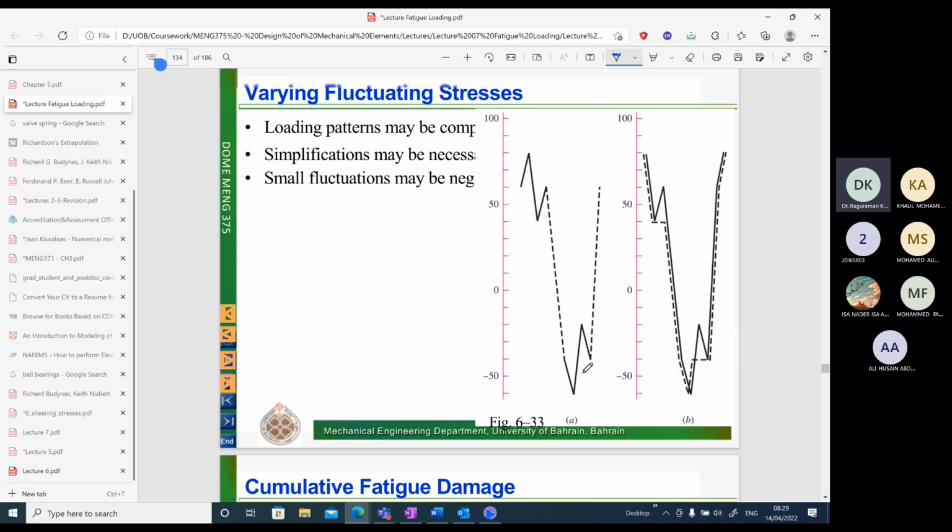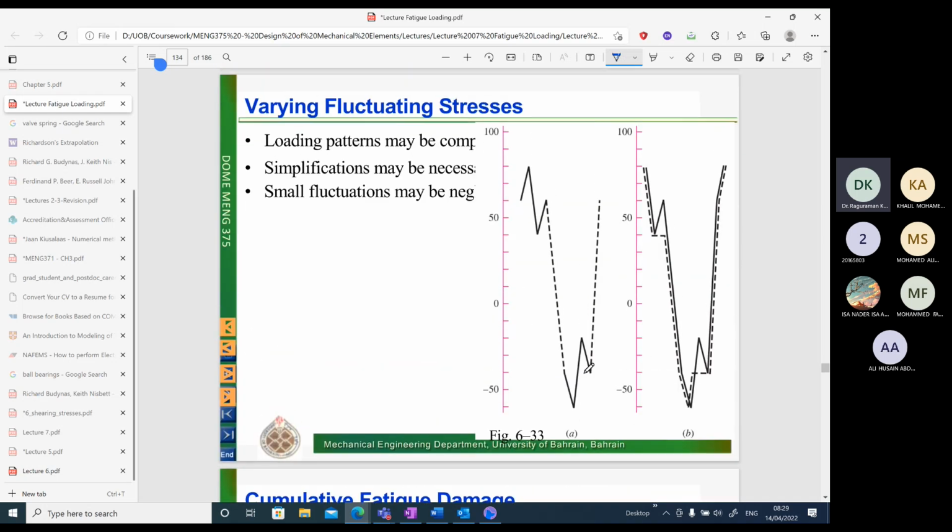Now let's go to the random fluctuating loads. When you have random fluctuating loads like these, how do we solve problems like these? The first step here is we need some kind of simplification. So how is the load applied? For example, if you have some shaft, first due to random vibrations, you may have a load like this, and then it suddenly changes and the load appears like this.